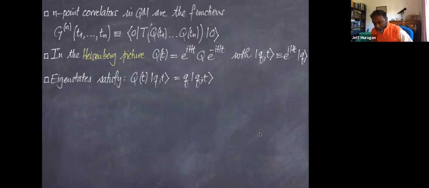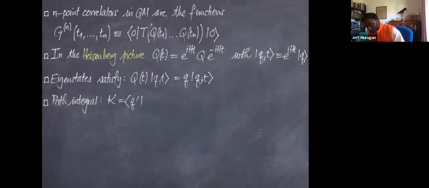The corresponding path integral or amplitude, which we'll traditionally call K, is as usual what I get when I take the state Q, act on it, evolve it in time to some later time, capital T. Don't be confused by time ordering operator.